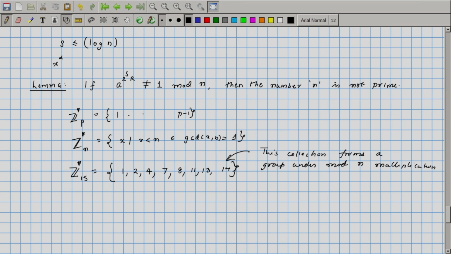Okay. So, z star n is always a group. So, you can do the operations there, but note that if n is prime, then z star n has n minus 1 elements, and if n is not prime, then z star n has less than n minus 1 elements. In fact, the number of elements there will be given by the Euler totient function.